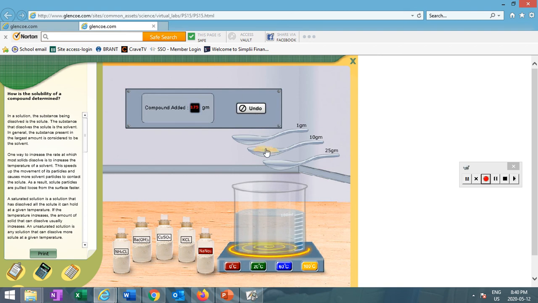Oh, 200 too much. Okay, 181 grams for sodium nitrate at 100 degrees Celsius.